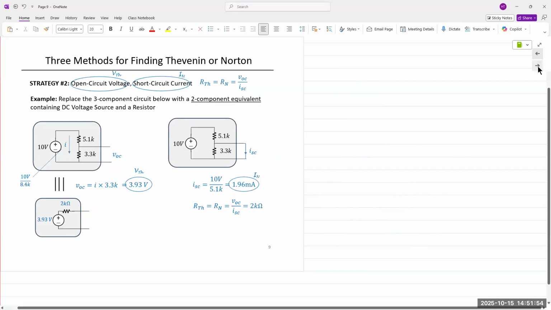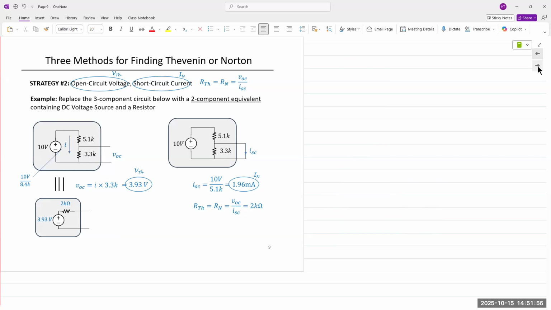All right, so the other method, which is by far the most common method that I use whenever I teach these topics, is to find the open circuit voltage, the short circuit current, and the Req resistance between a pair of terminals. So here in this case, we have a voltage source and two resistances.